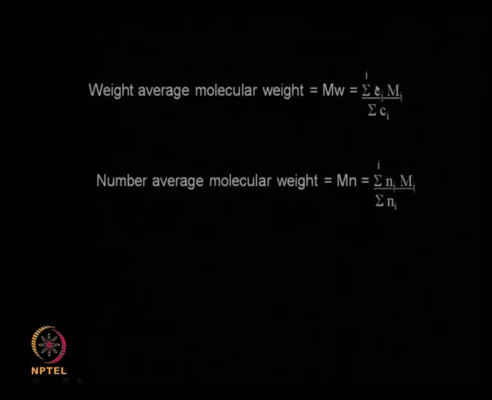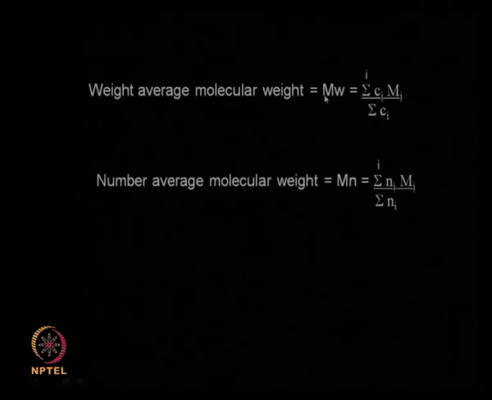It is a summation of concentration of species i multiplied by the molecular weight of species i. So if you have 3 species with varying molecular weights M1, M2, M3 at different concentrations, that is C1, C2, C3, then you do summation of C1 into M1 plus C2 into M2 plus C3 into M3 divided by C1 plus C2 plus C3.